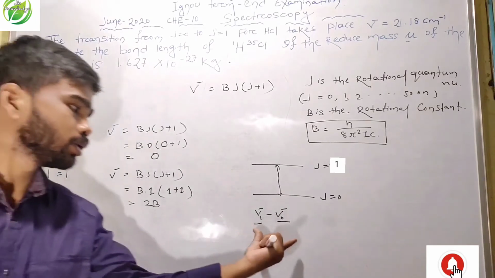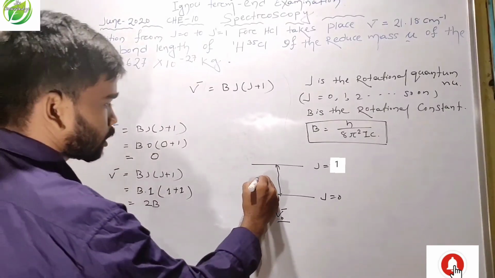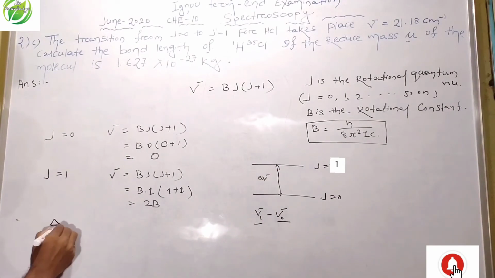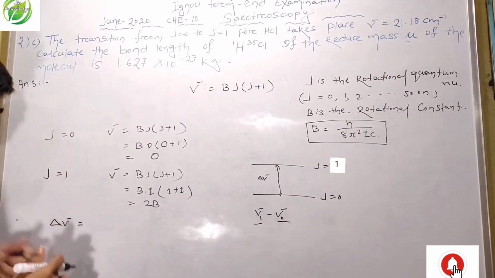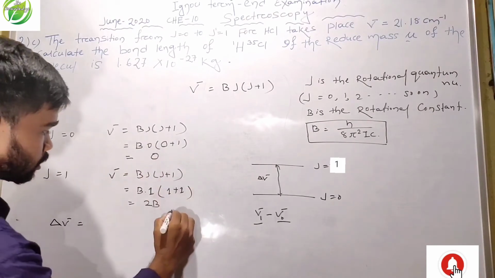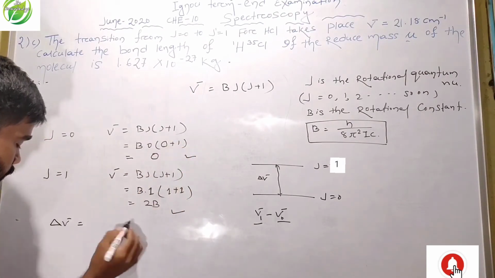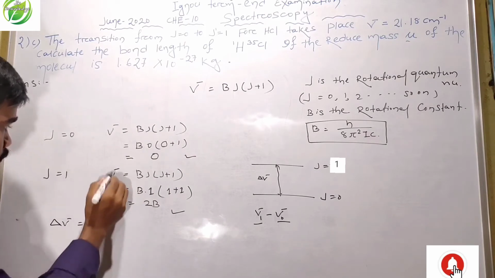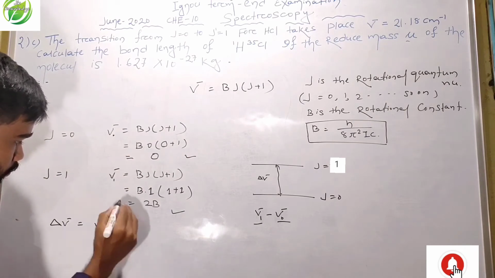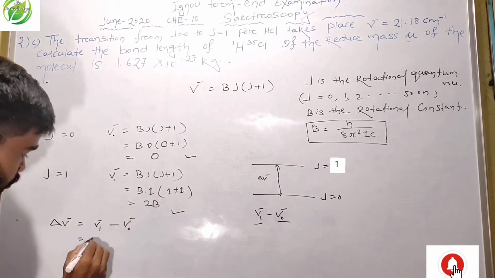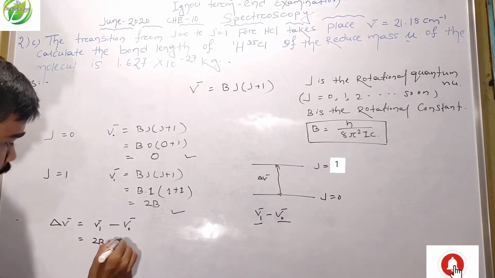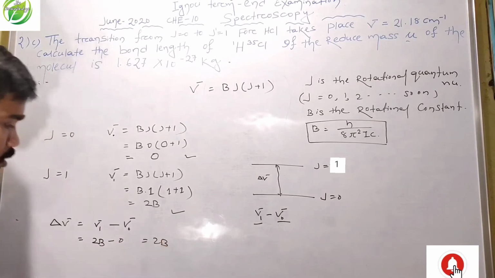We take the difference and get the energy difference, that is delta V. We put 2B for V1 and 0 for V0, that is 2B.